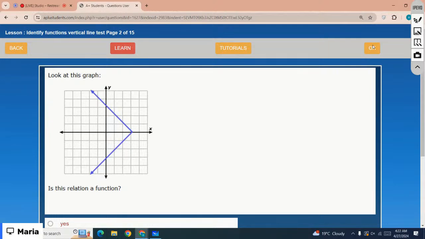Look at this graph. Is this relation a function? No, this isn't a function.